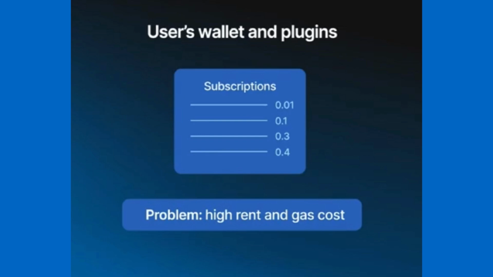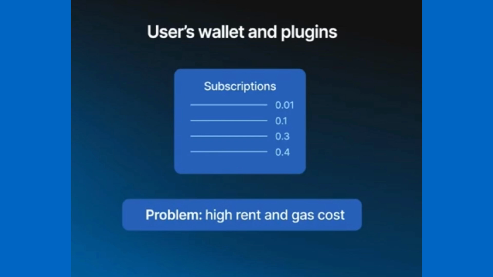And that is slightly problematic for the user because now the cost of storage is higher for their wallet, and every time they make a transaction or anytime the plugin requests the money from the wallet, they have to go through a larger list of plugins, and this incurs extra cost. Now, what could we do better here?